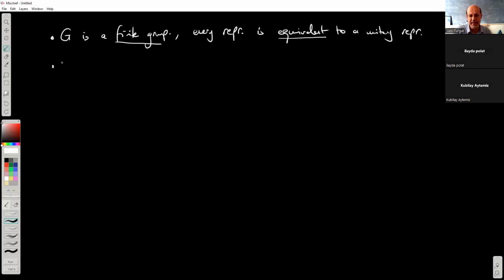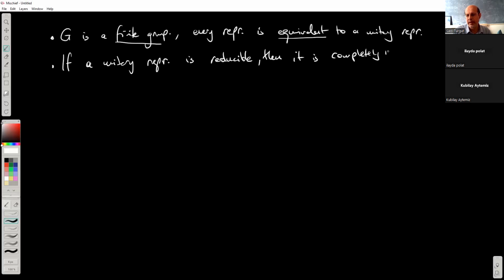And second thing is that if a unitary representation is reducible, let me express it like that, then it is completely reducible. But we have expressed this in terms of the invariant subspaces, actually. So if a unitary representation has an invariant subspace, then the orthogonal complement of that invariant subspace is also invariant.